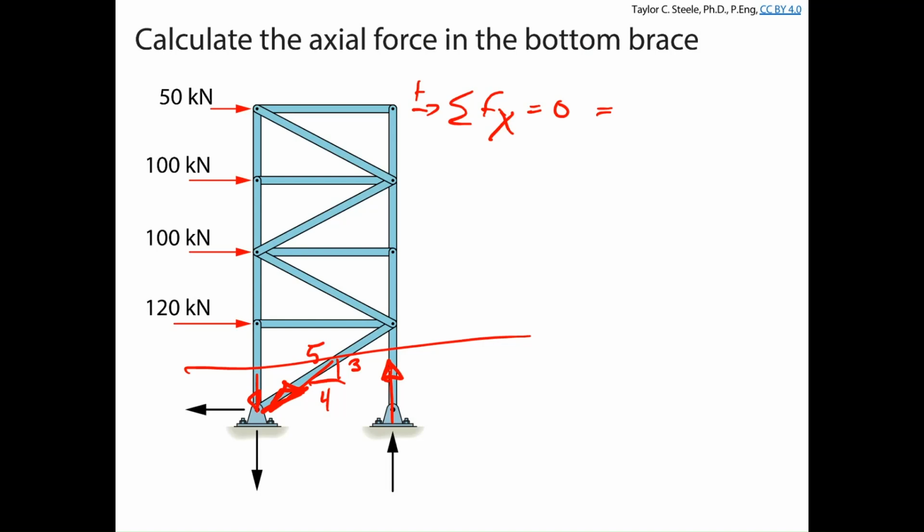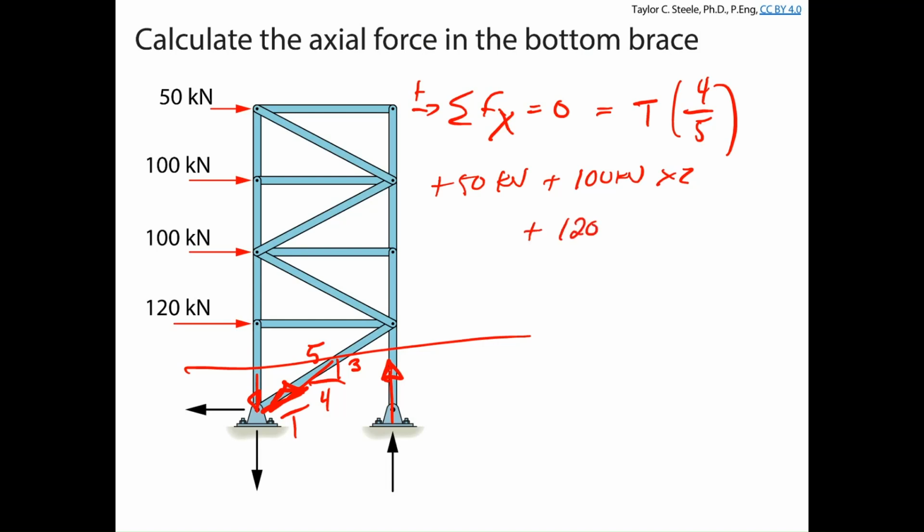I'm just going to call this T. That's going to be T multiplied by 4 over 5, based on the geometry of that triangle. And that has to resist the 50 kilonewtons plus the 100 kilonewtons times 2, plus the 120 kilonewtons. So once you sum up these numbers, 50 plus 100 times 2 plus 120, that's going to give you a total here of 370 kilonewtons to the right.